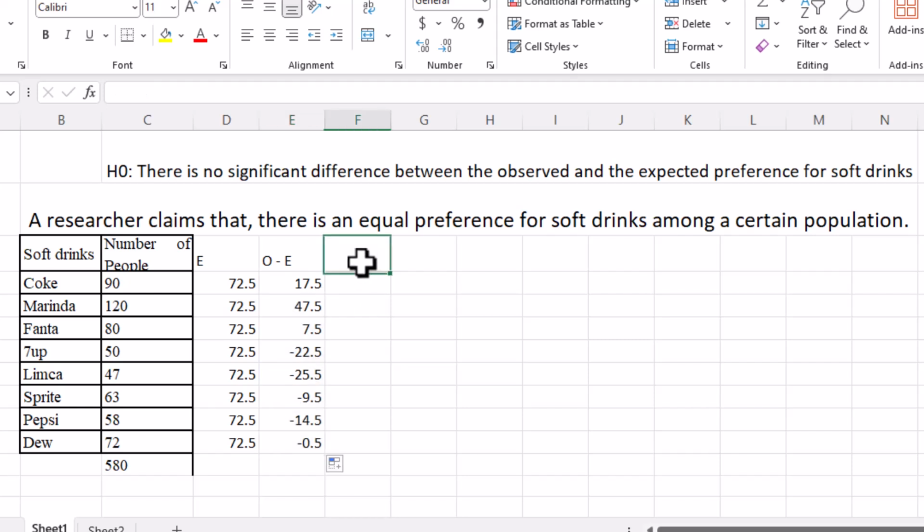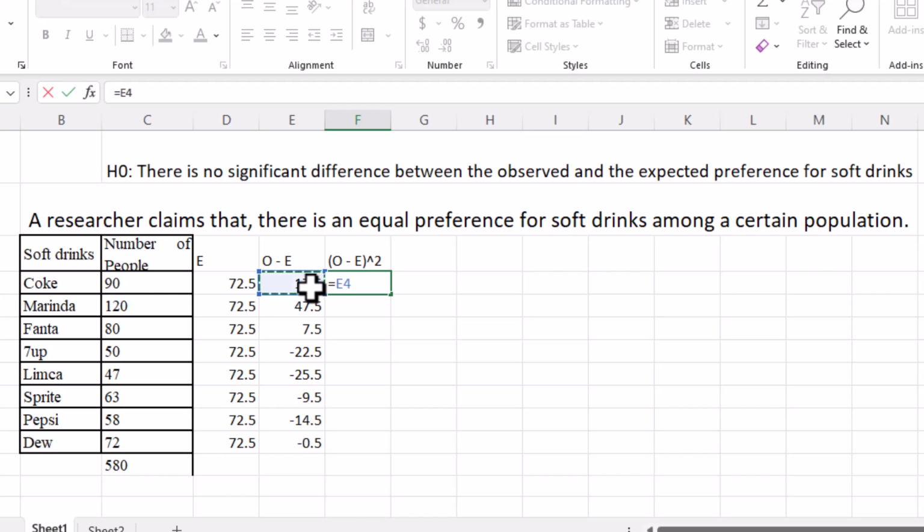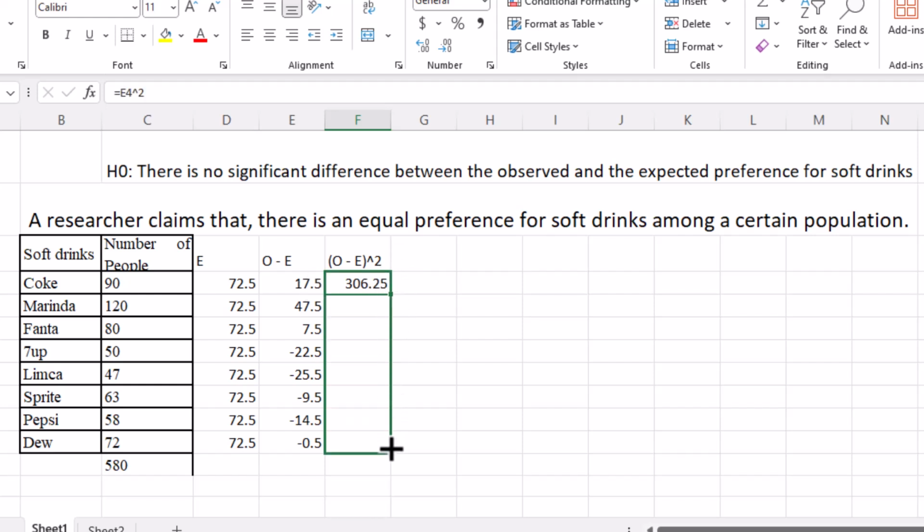The next thing is to get the observed minus expected value raised to power 2. It means we have to square this observed minus expected. To do that, we have this raised to power 2. So there we have all these values. Drag it across to have the square of the difference between the observed and the expected.